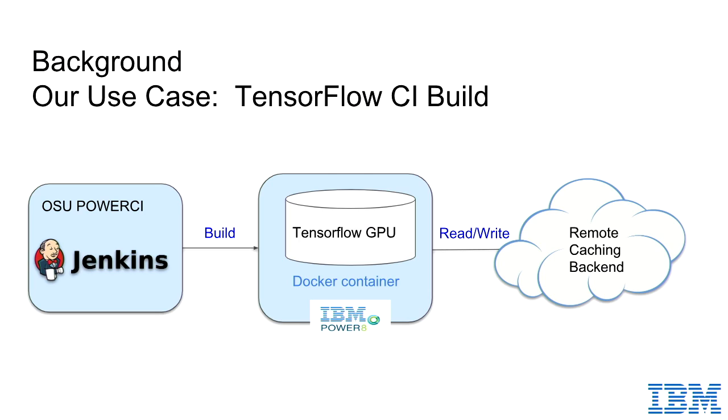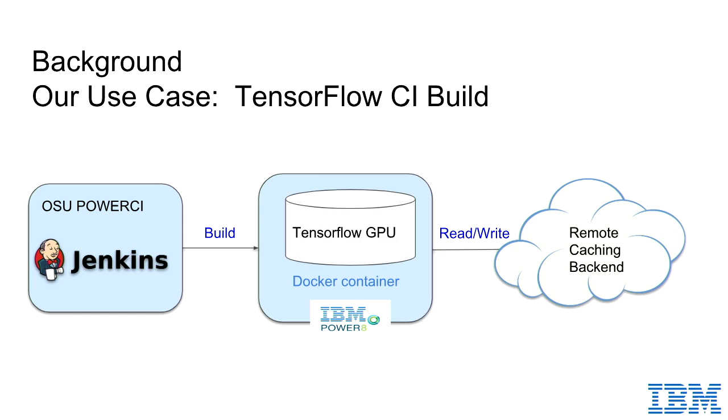Okay, let's start. We build the community version of TensorFlow for IBM Power. So this is our workflow. Basically, we have Jenkins jobs running on Power CI. The Power CI is hosted by Oregon State University, and the Jenkins monitors the TensorFlow GitHub.